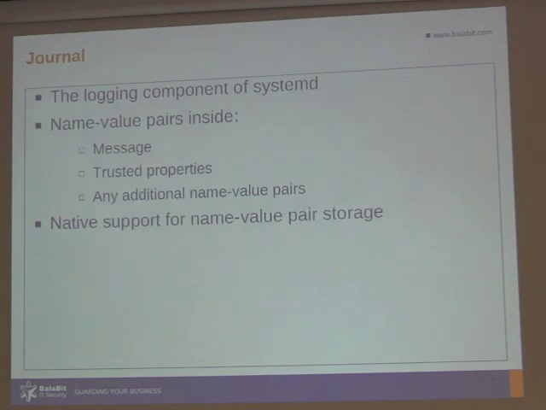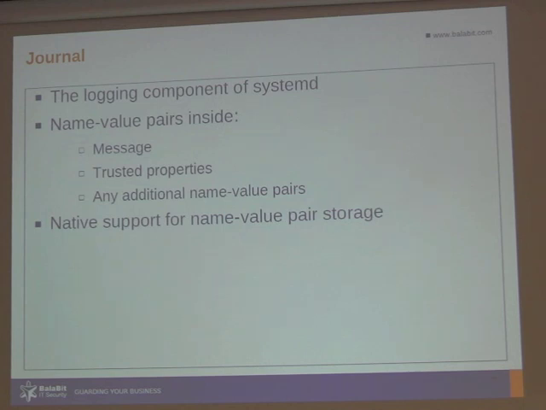As I mentioned, there is a new buzzword in the logging world. It's called the journal, which is the logging component of systemd. It's built on name-value pairs inside from the beginning.